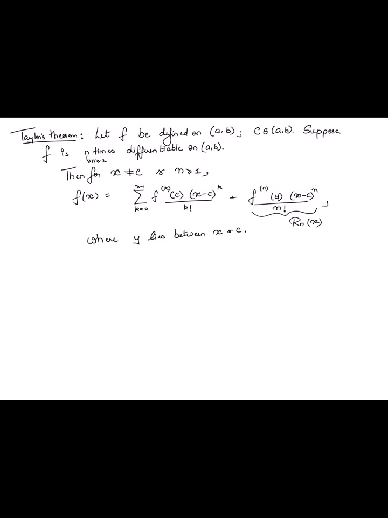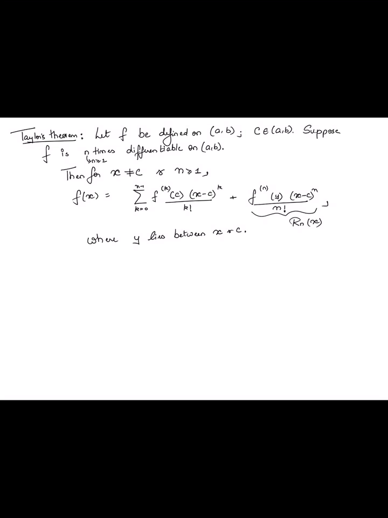It is essentially going to be (x minus c) raised to n by n factorial times the nth order derivative of f evaluated at some point y that lies between x and c. Okay, so this is the characterization of the error term that is provided by Taylor's theorem. And we'll see how to use and interpret this error going forward, but first we will look at the proof of the statement.